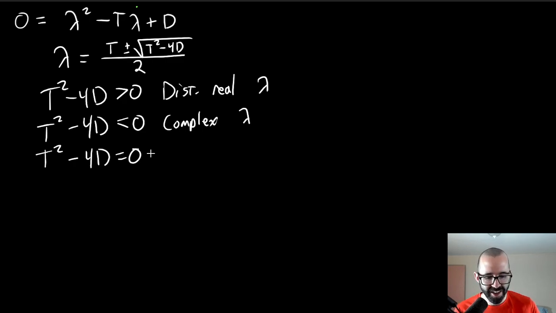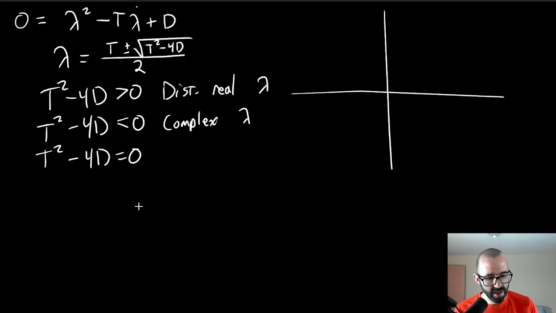Now, when does this equal 0? Well, if our horizontal axis is the trace of our matrix and our vertical axis is the determinant of our matrix, I can graph this. Let's add it to both sides.